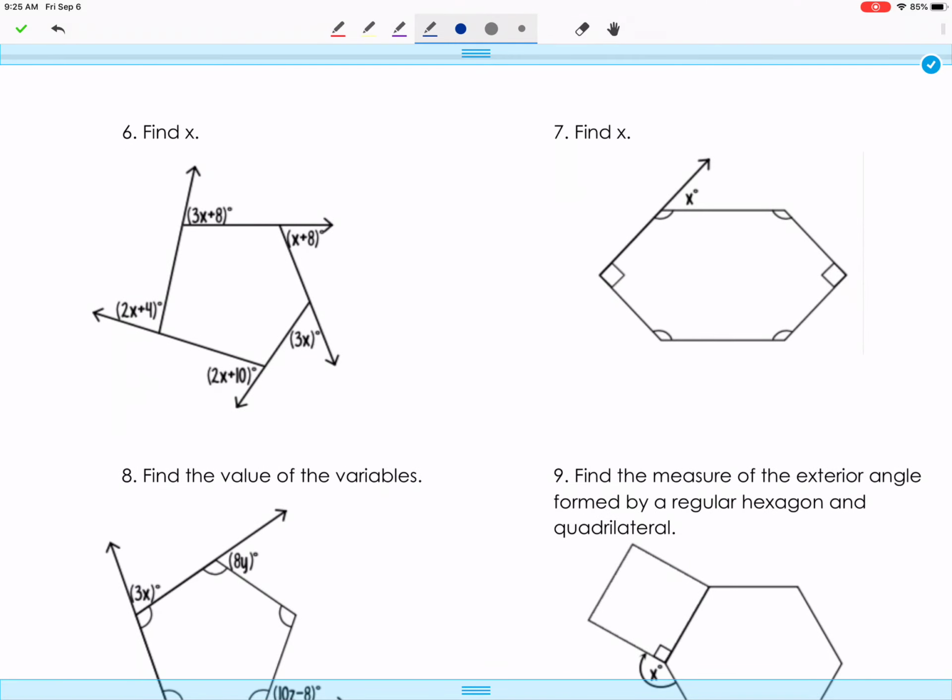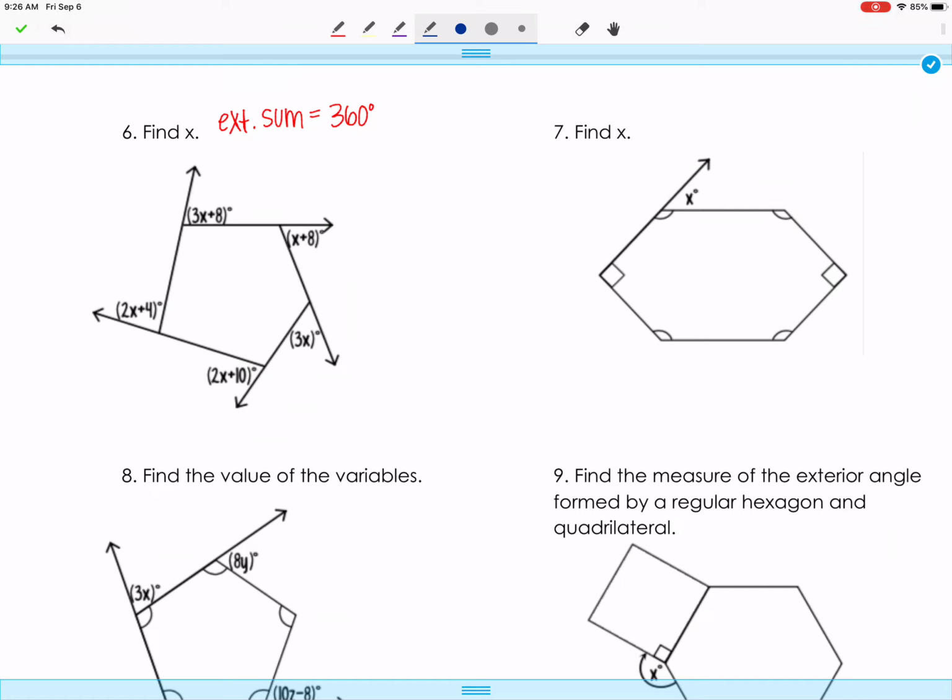So remember, for any shape, regardless of the number of sides, if I were to put all of the exterior angles together, my sum on the outside should be 360 degrees. So the exterior sum is 360. So in this case, what I would do is add every angle that we see on the outside, total it up to 360. And I'm going to leave that one for you to do as well.